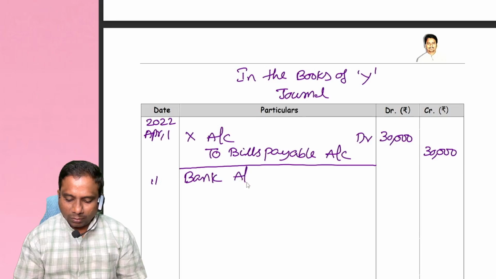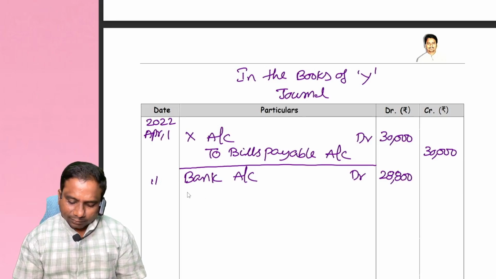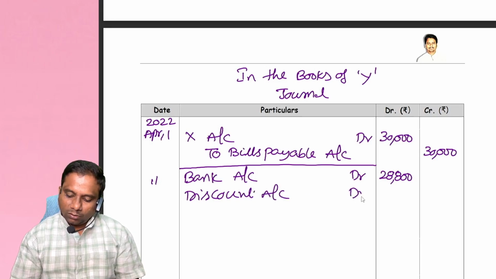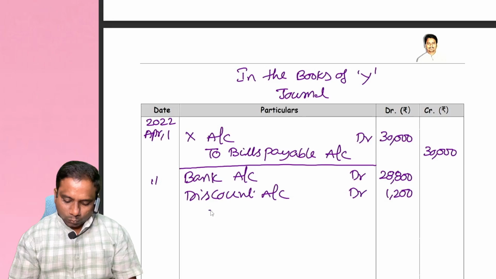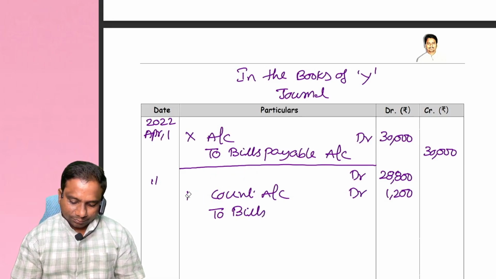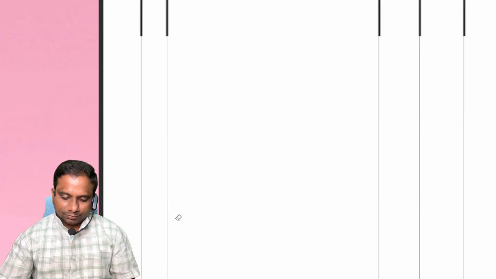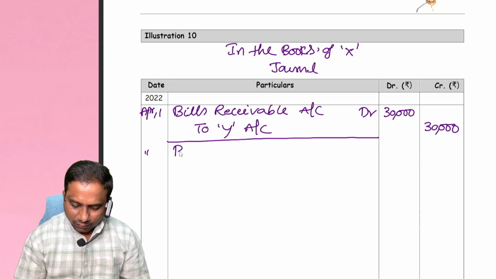So bank account debit 28,800. Bank charged a discount. So discount account debit 1,200 to bills receivable account. Oh, just a minute. I am writing in the books of Y. Go to the books of X and write down on the same date.